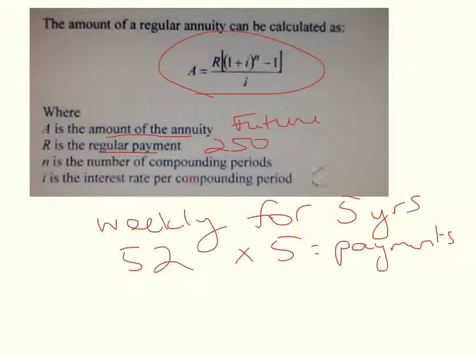So we had used 0.045 because the payment was a year, so we didn't have to divide 4.5% into any payments in a year. And that's all raised to the power of n, where n is the number of compounding periods in total. Okay, so in your full investment. And then you subtract 1, close your bracket, and divide all of this by the value of I again.